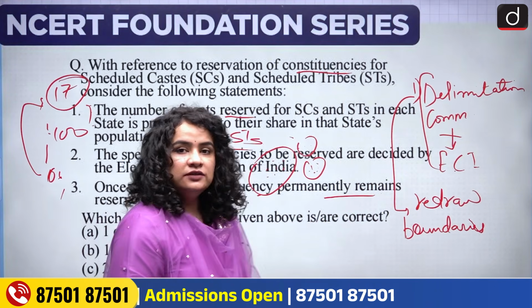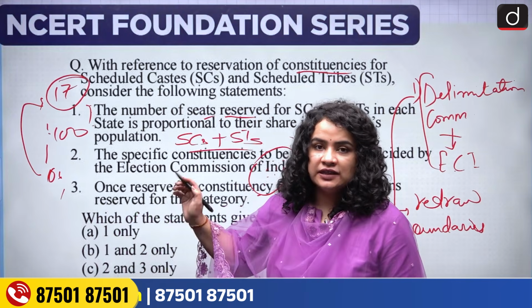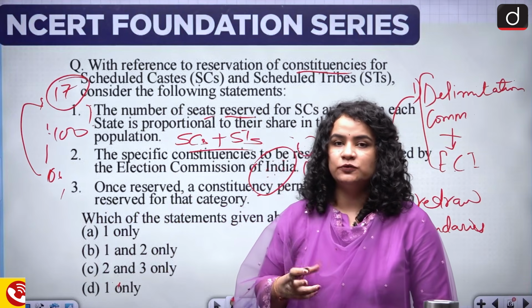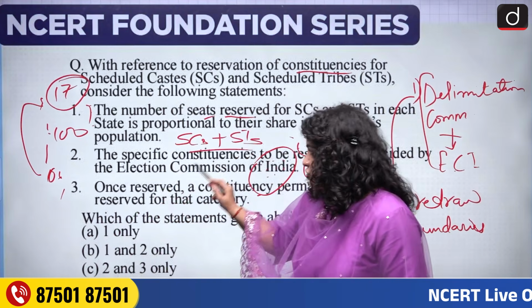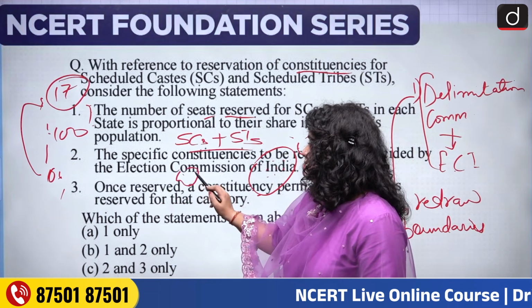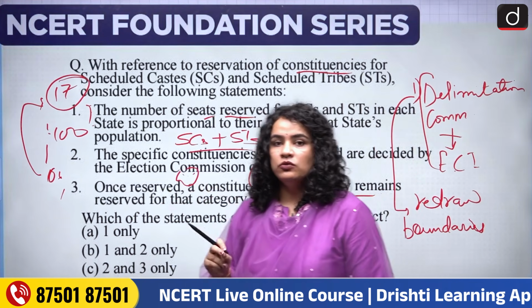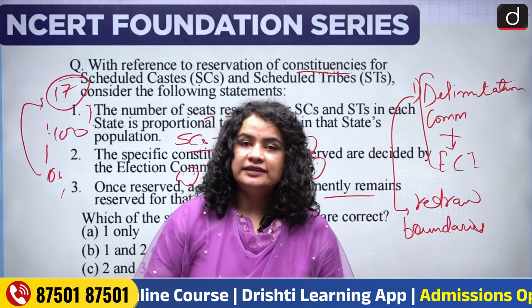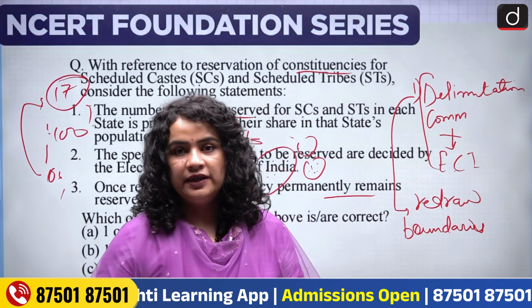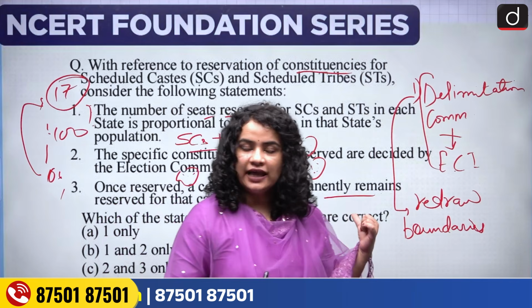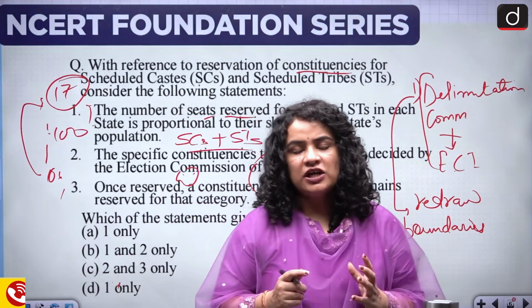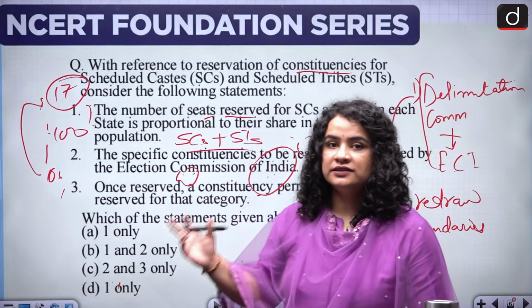However, when considering reserving constituencies for SCs, the Delimitation Commission considers the population of SCs. Please understand that the scheduled castes are more evenly spread geographically throughout the country, unlike the scheduled tribes, which are particularly concentrated in certain areas.